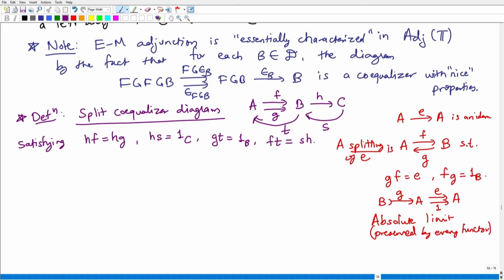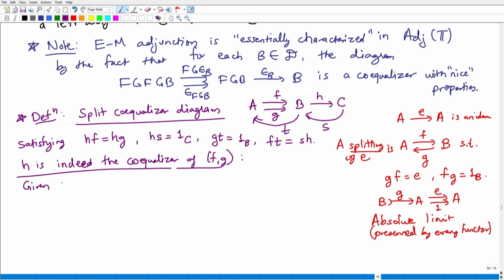Okay. Now we are going to do a simple proof that H is indeed the co-equalizer of F and G. Suppose we are given this K from B to D, and it satisfies KF equal to KG.